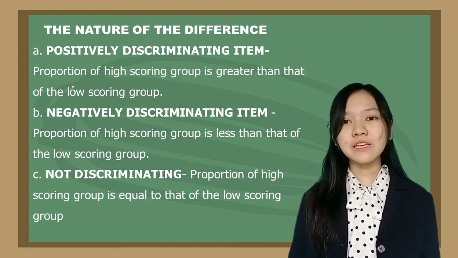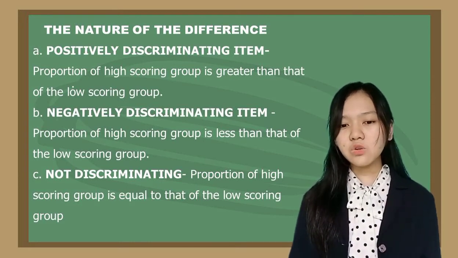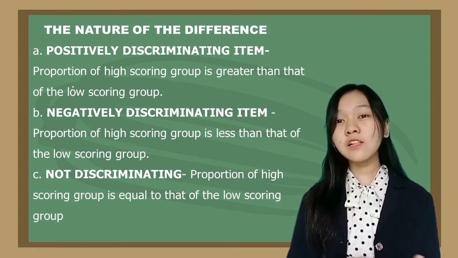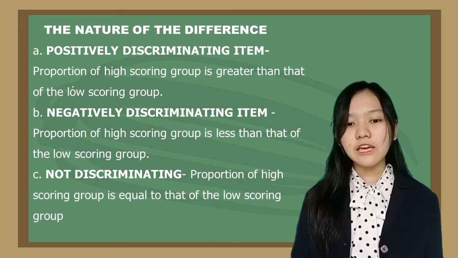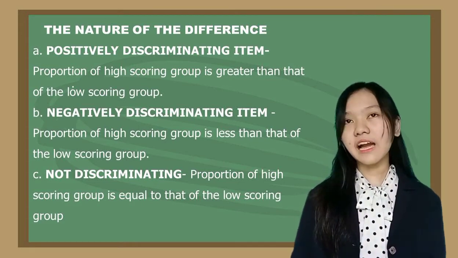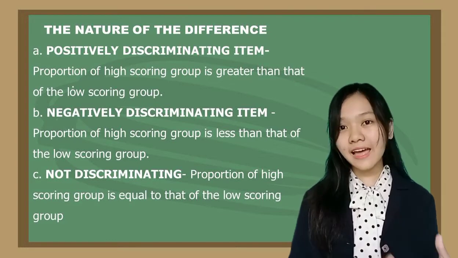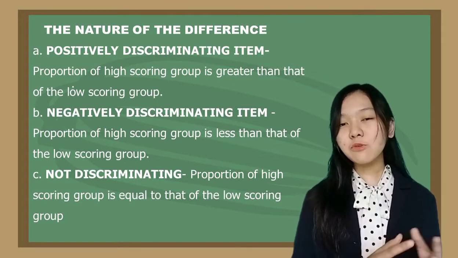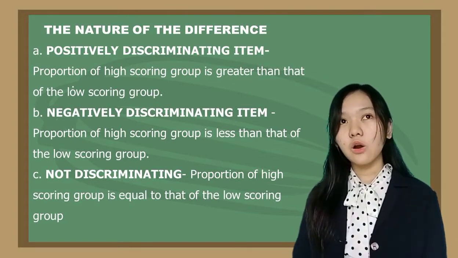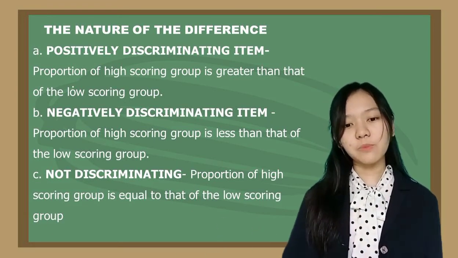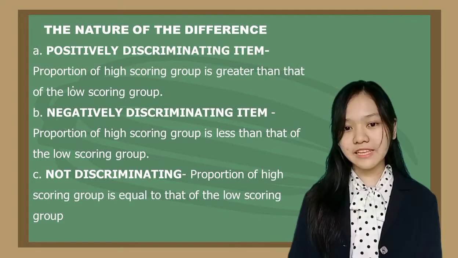For example, in item number one, the high scoring group has a total of 20 students. If it is a negatively discriminating item, the high scoring group will have, let's say, 10 students who got the item correctly, while the low scoring group will have 15, higher than that of the high scoring group. So, that's a negatively discriminating item.